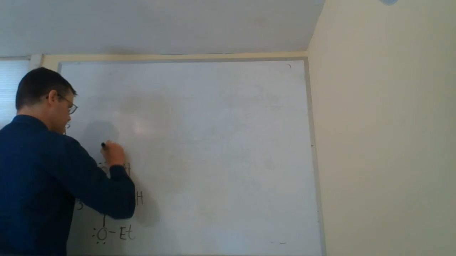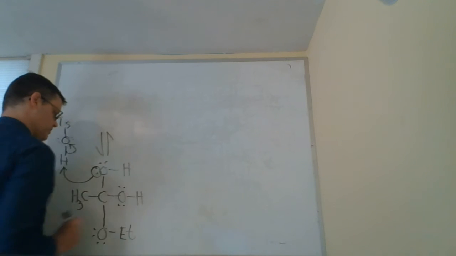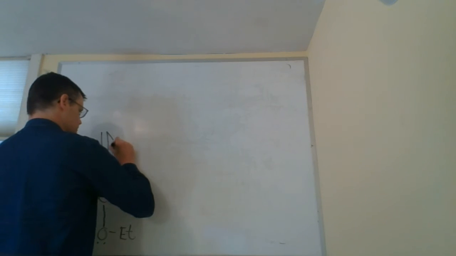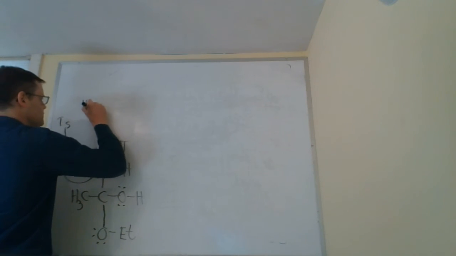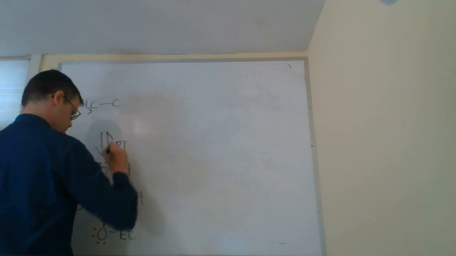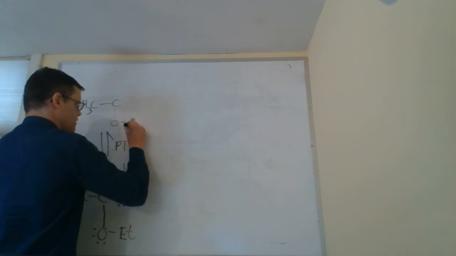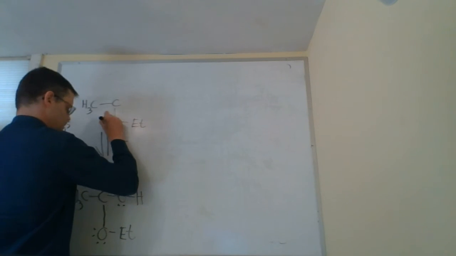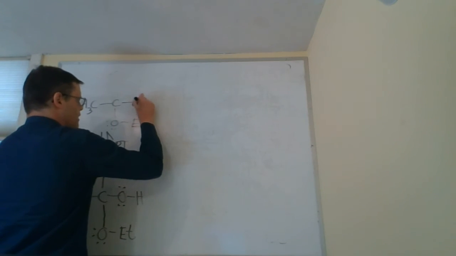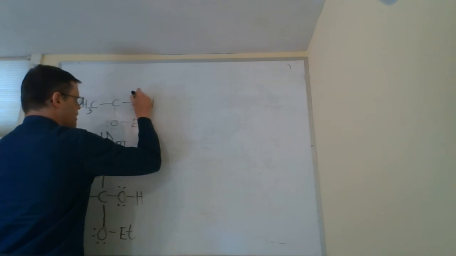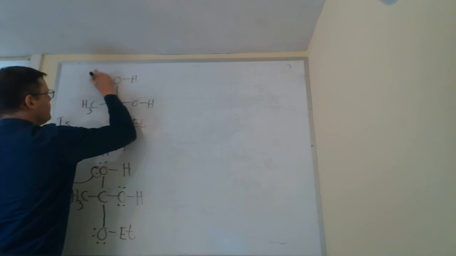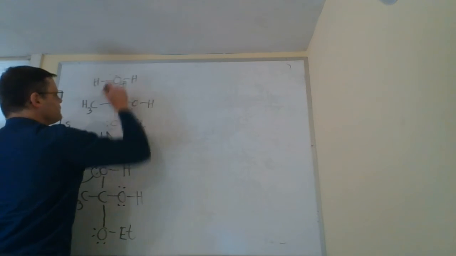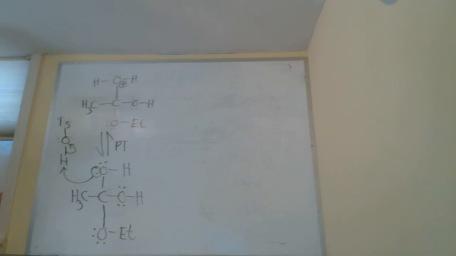All right, everything's under equilibrium, so I'm trying to show these arrows like that. So we do a proton transfer. Okay, it has a plus charge now, it's a good leaving group.